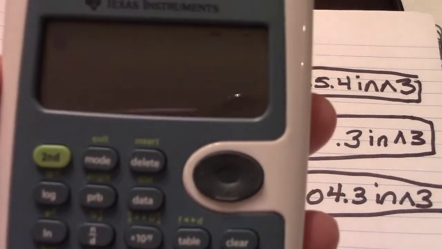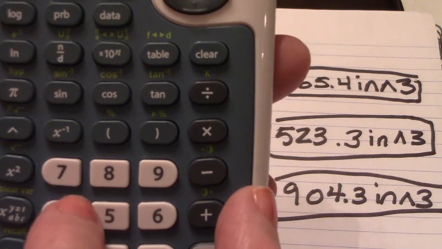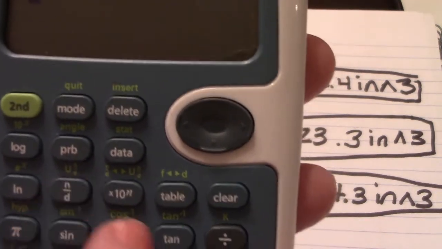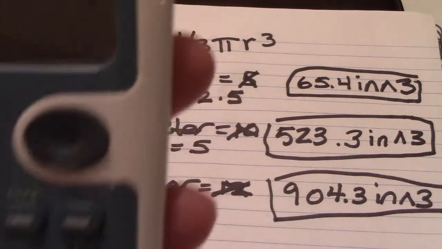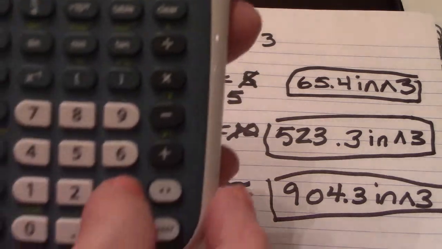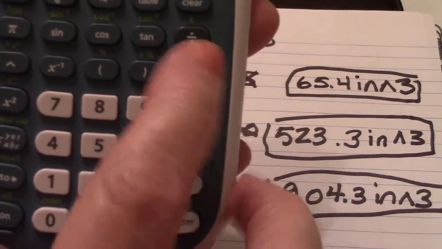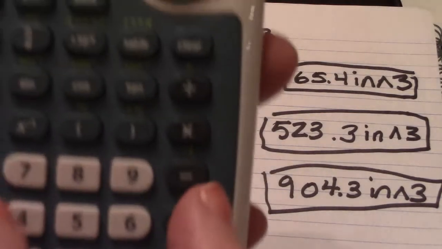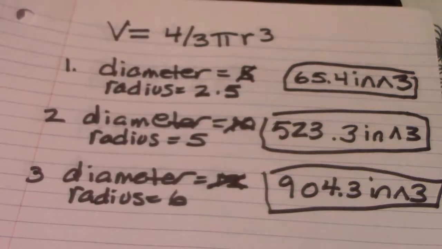Or you can simply start with your numerator number, which is 4, fraction button, denominator, enter, and you've got your 4/3 times pi, which is 3.14, and then times whatever your radius is, and then make sure you up caret, and we are cubing, and then hit enter.